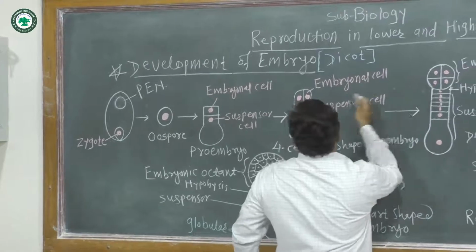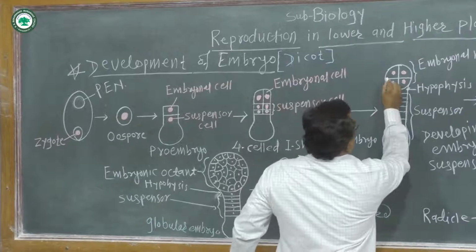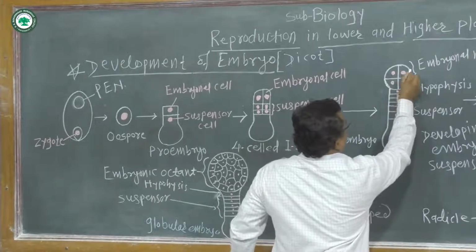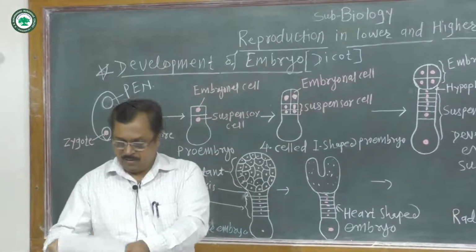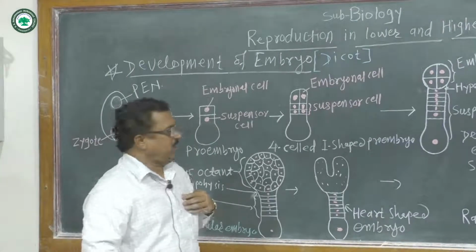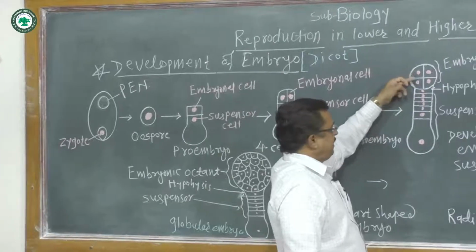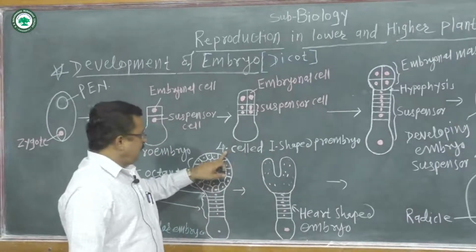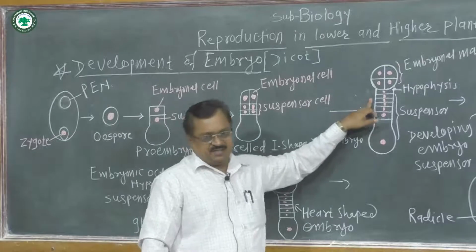First it divides to form two cells, then these cells divide again at right angles to each other to form the octant stage. Four cells here, four cells behind this: this is the four-celled proembryo and the octant stage.